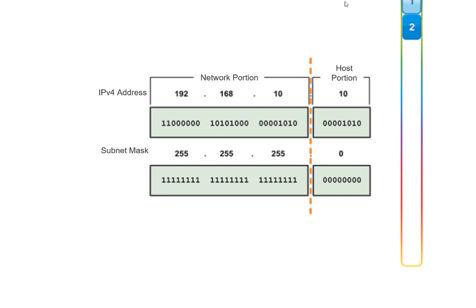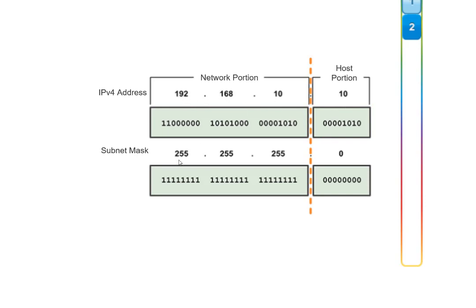So the way that we calculate whether a particular address lies in a particular subnet or not is by ANDing the IP address with the subnet mask. This way we can isolate or separate the network portion from the host portion. So for example, take this IP address, 192.168.10.10.